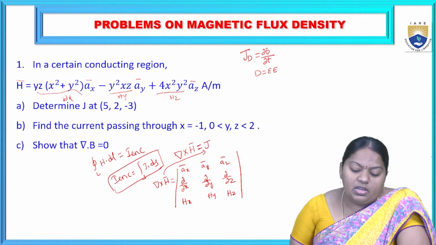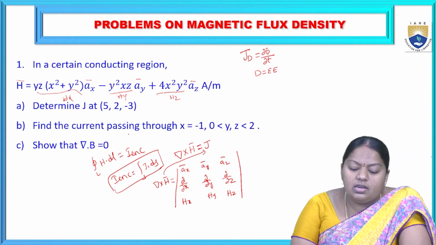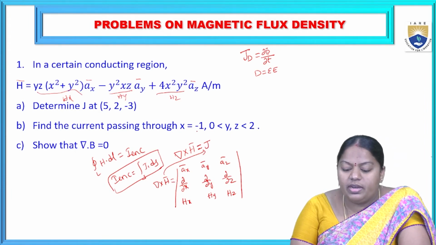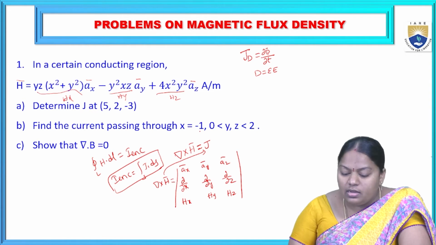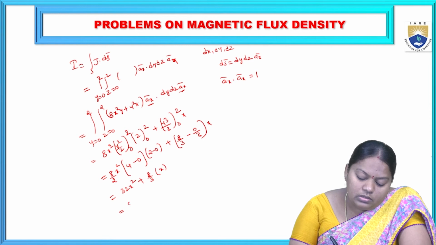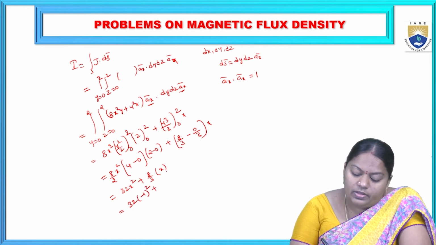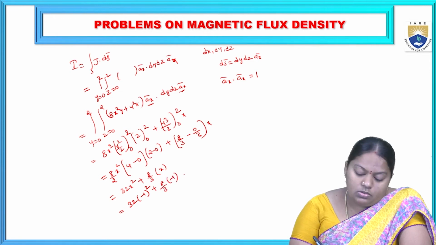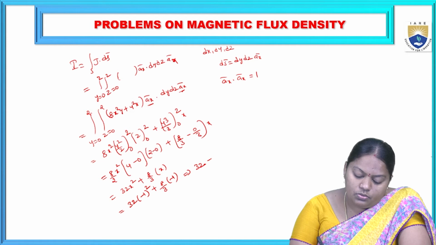Previously from the given, to find the current passing through x where x value is equal to minus 1, we now substitute x by minus 1 in that formula. So 32 into (minus 1) whole squared plus 8 by 3 into minus 1, which is equal to 32 minus 8 by 3.